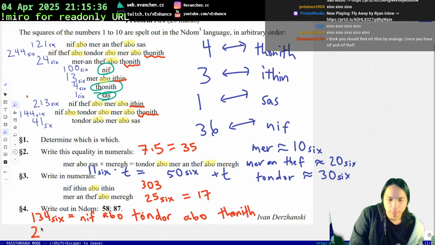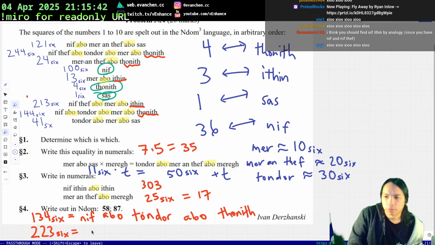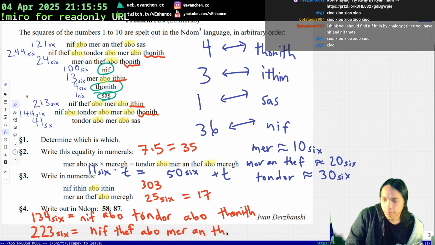In base 6, this is 2, 2, 3, which is nif def abo mer on def abo, and then whatever 3 is, which is ithin.